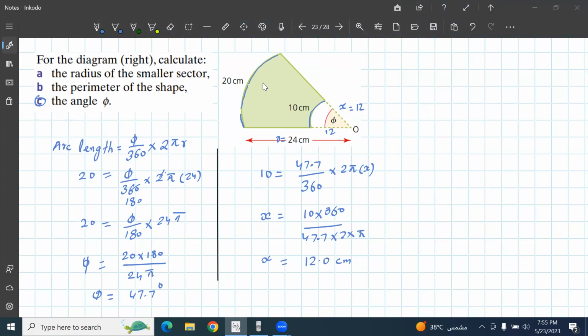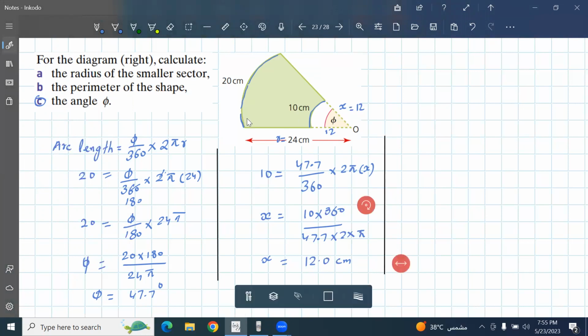Here we are looking for the second part answer, which is the perimeter of the shape.